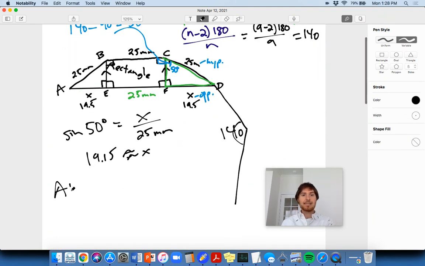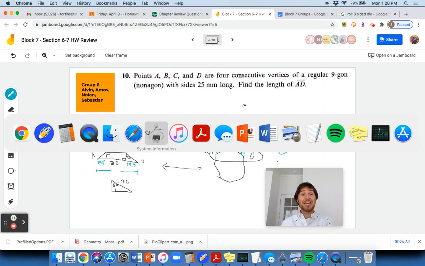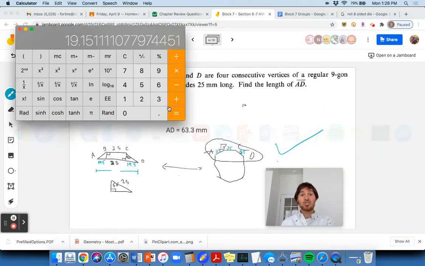So AD equals x from the sine ratio, plus 25 millimeters, plus another 19.15 millimeters. I might just do times 2 and then plus 25, and there we go, 63.3.